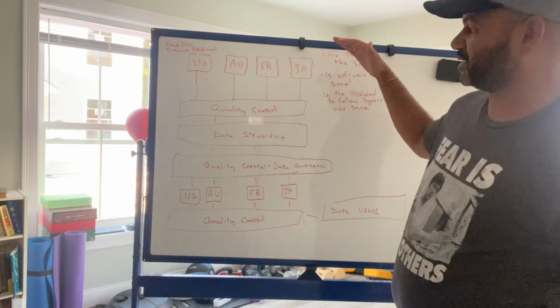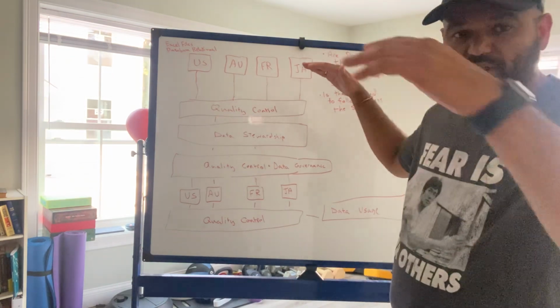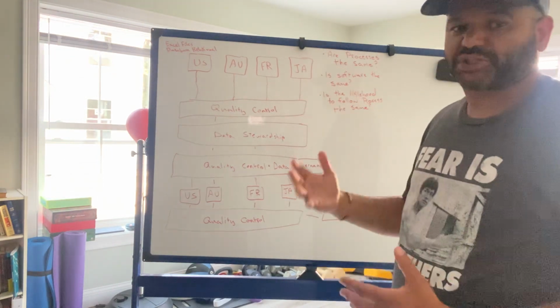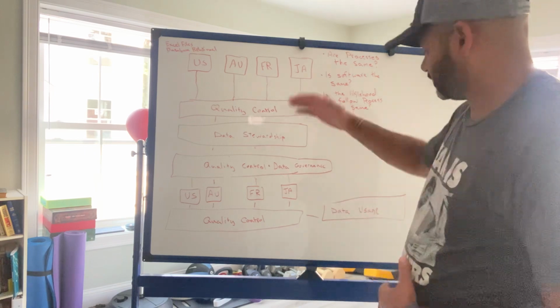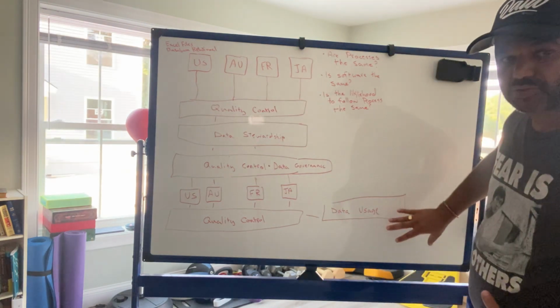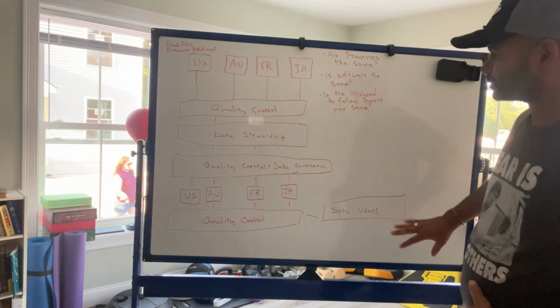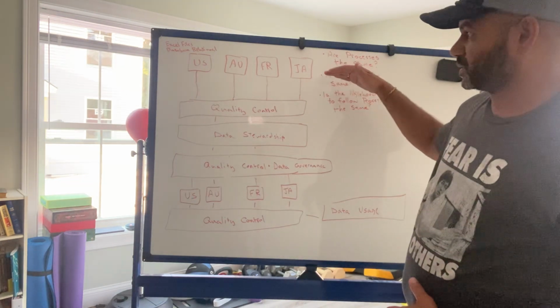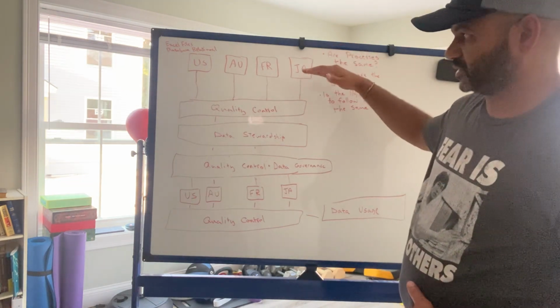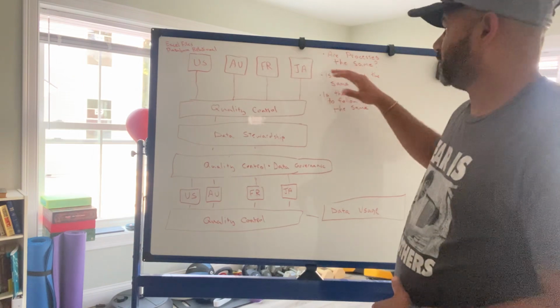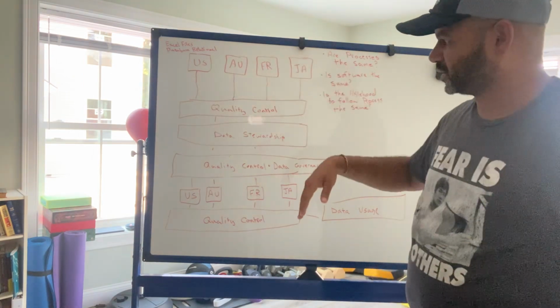So basically each level of that data flow process involves checks and balances that eventually lead out to a good data usage point. So we start with the first level, which is your individual locations. In this case we had 4 in my example.